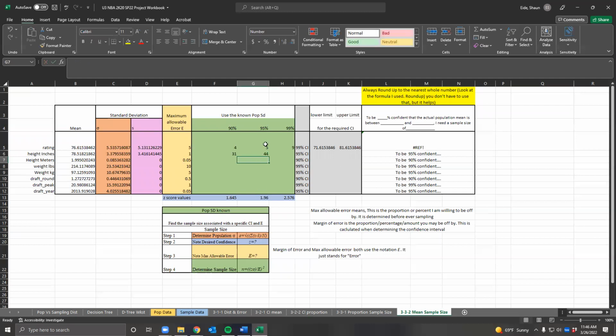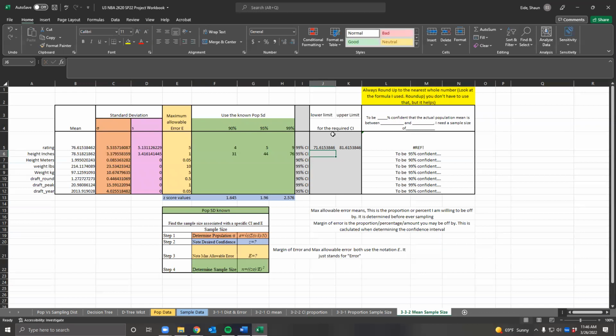And so now it's 44. And last but not least, equals the z-score multiplied by the standard deviation divided by the maximum allowable error, squaring it. And so now the sample size needed is 76.